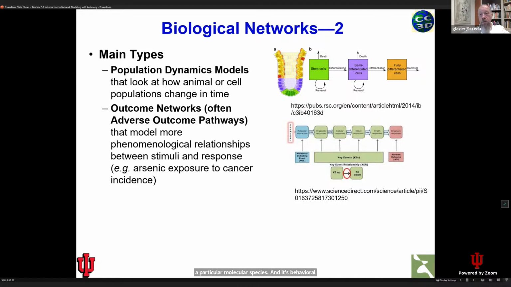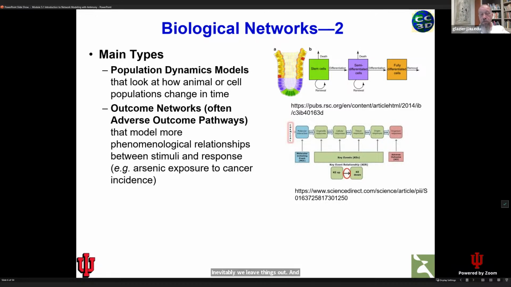This is pretty common. You have a toxicant, you say that the probability of a cell dying goes up as the level of the toxicant goes up, but we don't actually model all of the steps involving, for example, p53 or caspases that are involved in cell death.